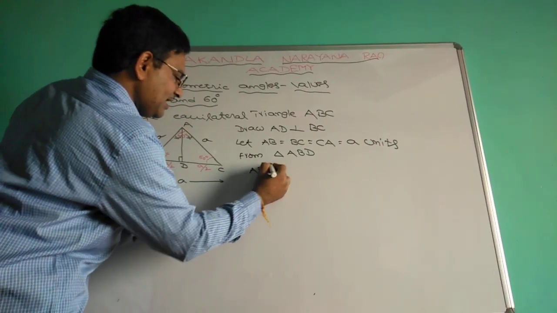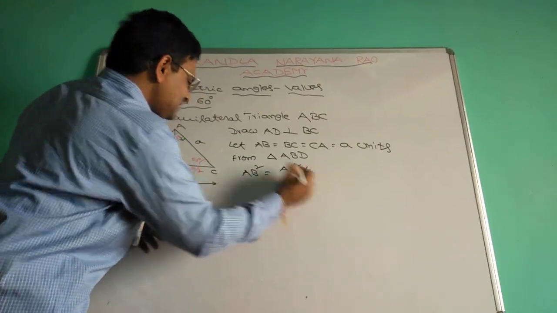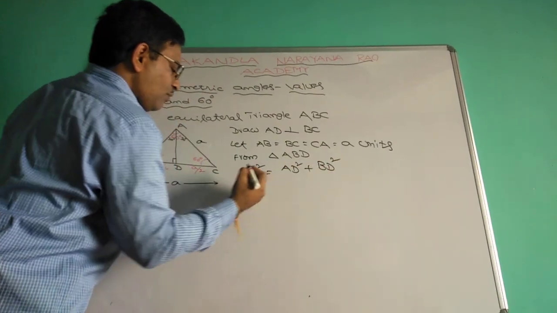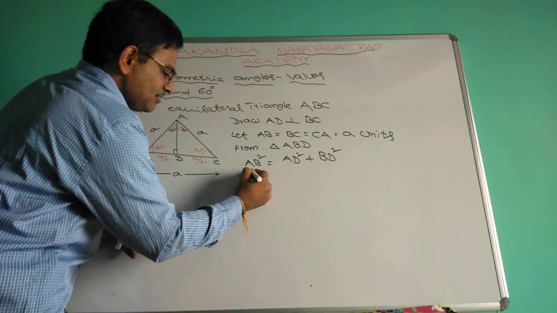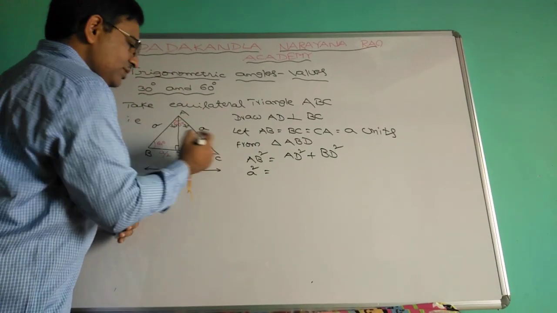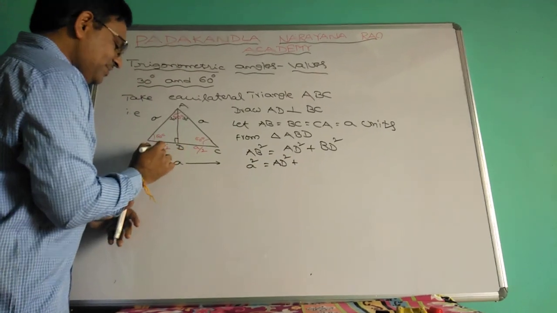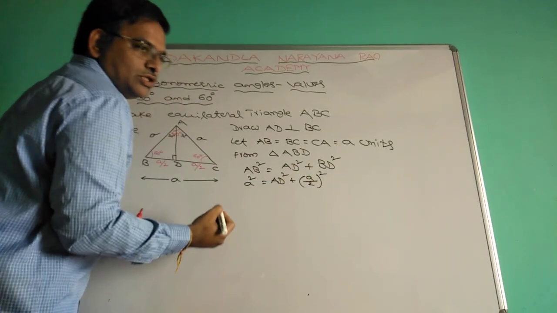AB square equal to AD square plus BD square. Now, AB length will be A units, that is A square equal to AD square plus BD, meaning A by 2, A by 2 whole square.